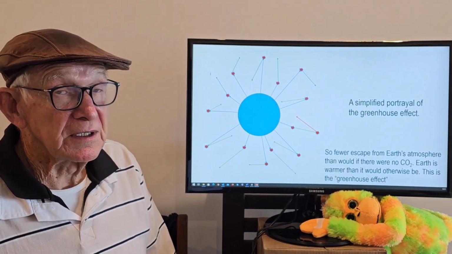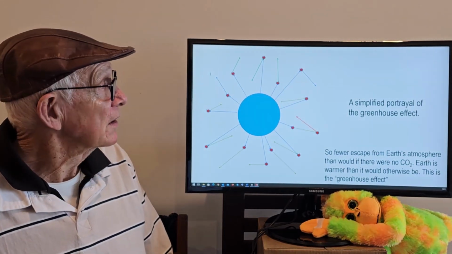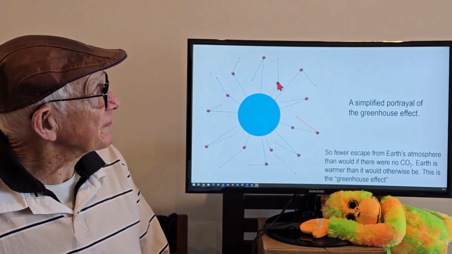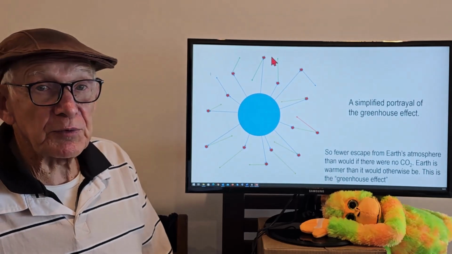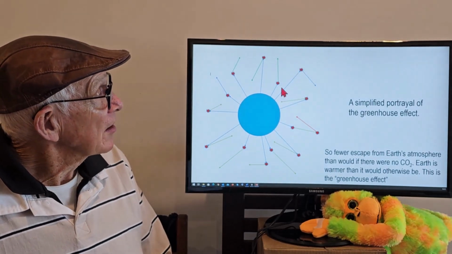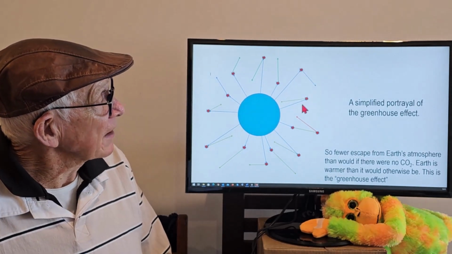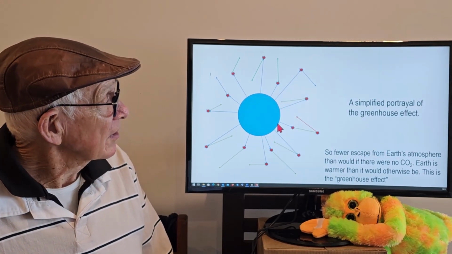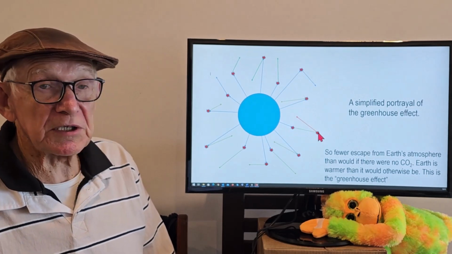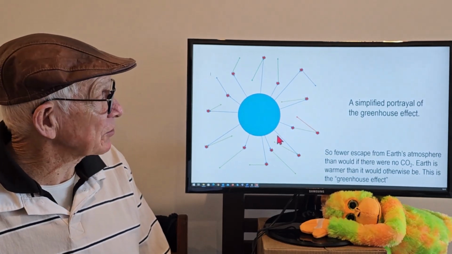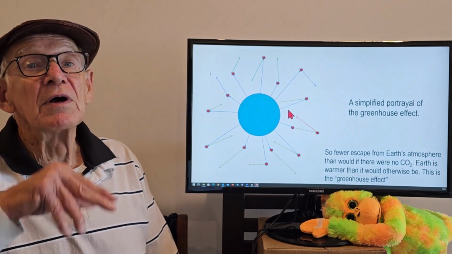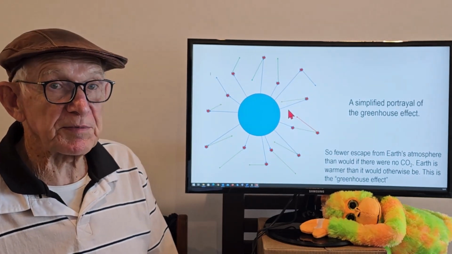It's excited, but then, after a very short while, drops back and emits a photon. And now, perhaps the new photon is going on its way to space anyway. Perhaps it's going this way. Perhaps it's emitted back towards Earth. Perhaps it hits another one and is absorbed and then is emitted back towards Earth. They can go in every single direction in the whole of three-dimensional space.